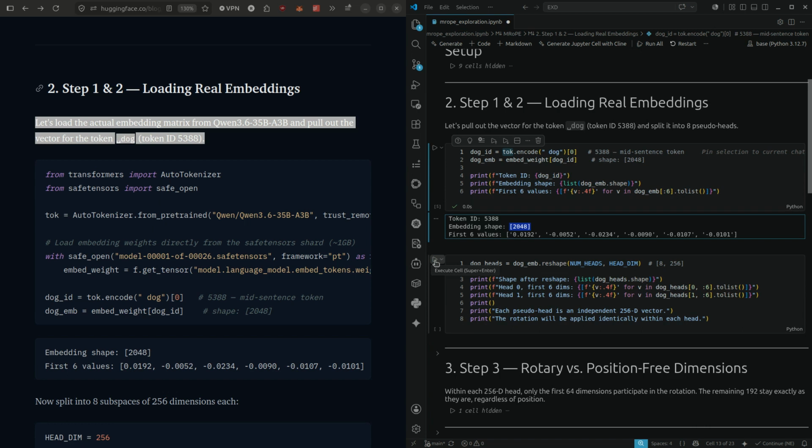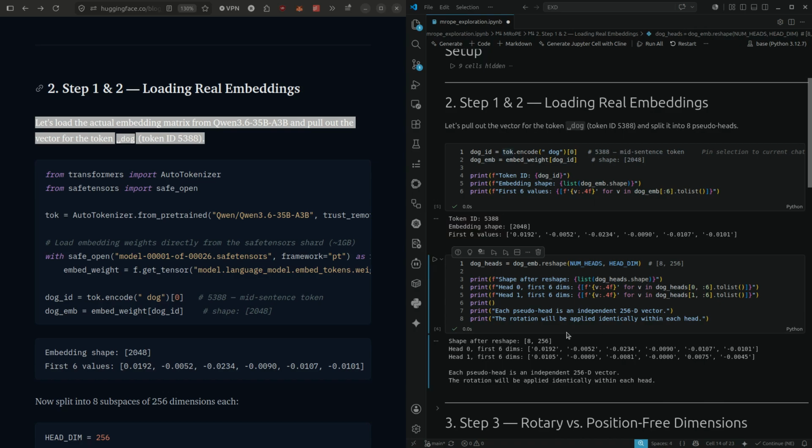Let's pull out the heads. Let's break it into the subspaces. That's what we're doing here. After the reshape, we've broken this into, you can think of it as, 8 rows of 256 columns, or the other way around, whichever you prefer.